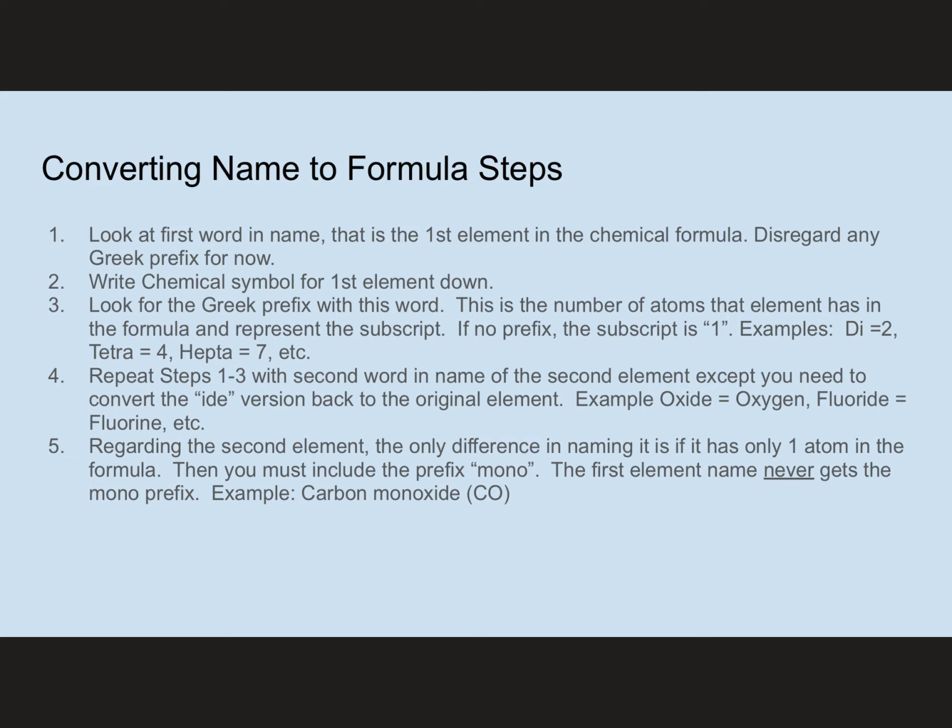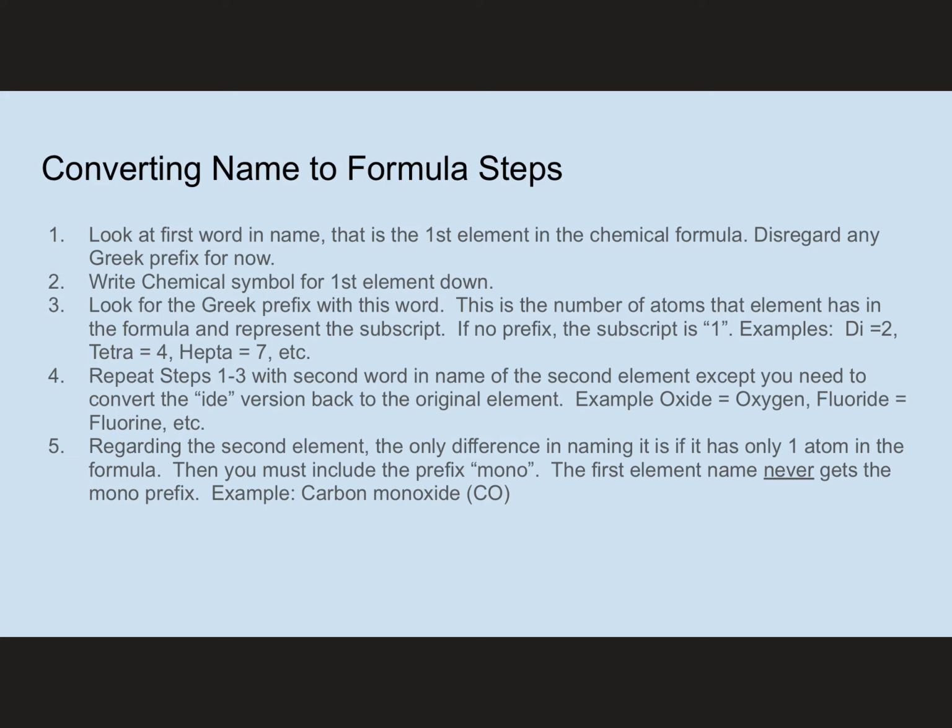Then we're going to repeat steps 1 through 3 for the second word in the name, which will give us the second element. Remember that the second element name will end in "ide." So we have to translate it back into the correct chemical symbol for that thing. So oxide means oxygen, so we look up on the periodic table and that would be an O.